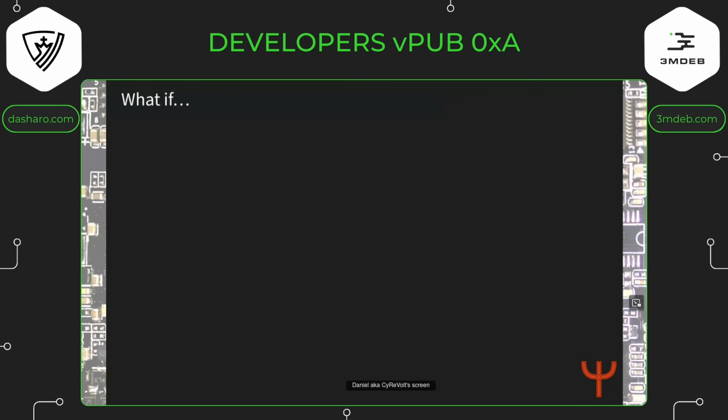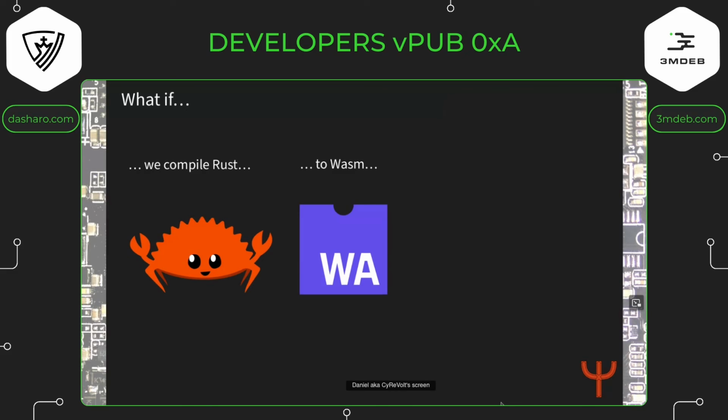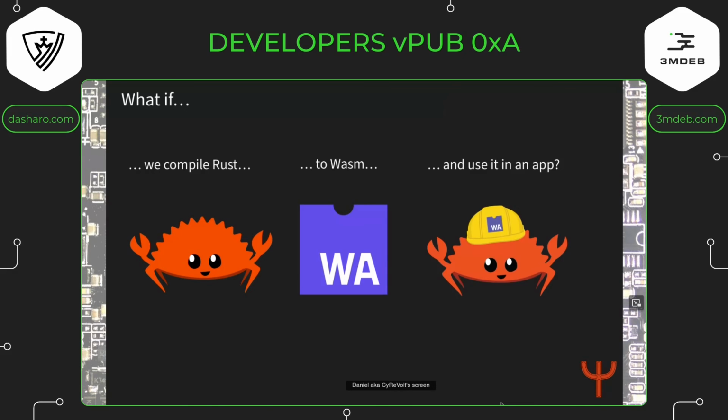So how did this happen? The question was: what if we could write our code in Rust, compile it to WebAssembly, and suddenly use it in an app? How does that work? It feels a bit like magic, because we can now use native code on the web platform.